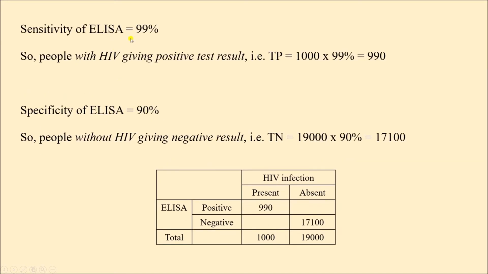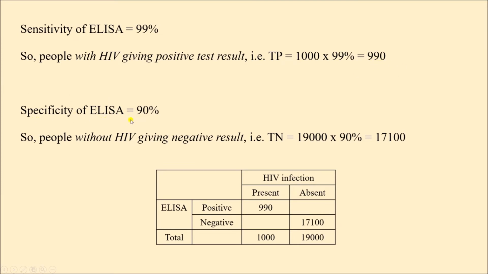If the sensitivity is 99%, that means 99% of those 1,000 people will be tested positive by ELISA. So the people with HIV giving a positive result are the true positives, because they are suffering from the disease and they are giving positive results. So that is 99% of 1,000, which is 990.